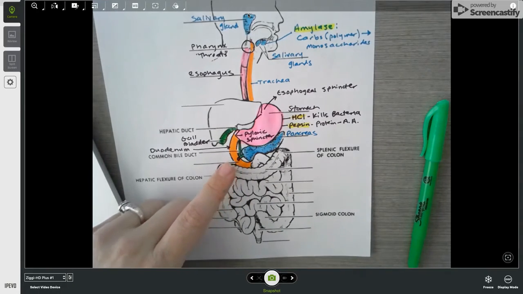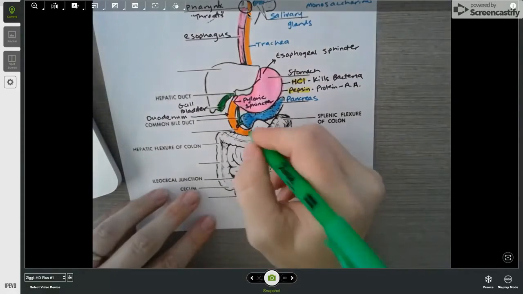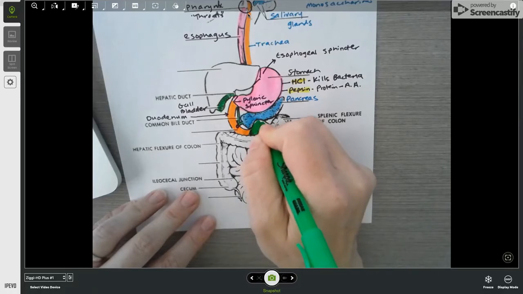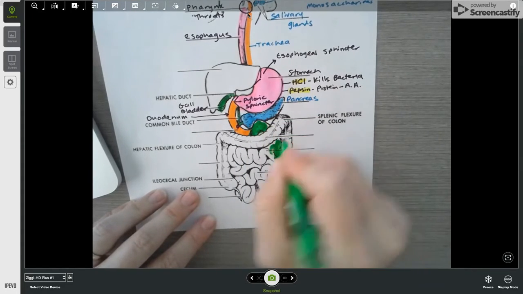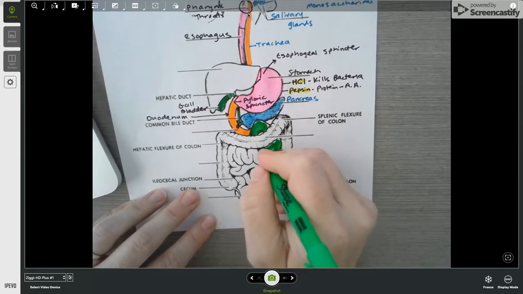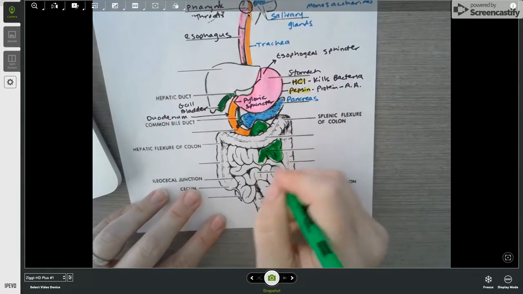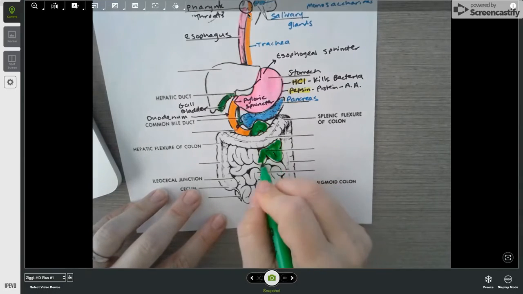All right. Now food is going to continue to be digested by the small intestine through the next region of the small intestine called the jejunum. So that's this middle region right here. Kind of ends right about here.